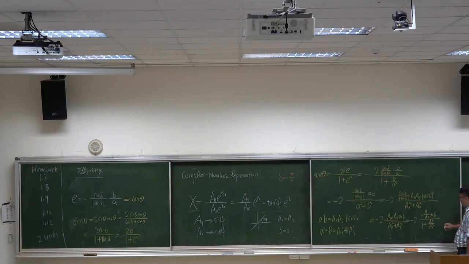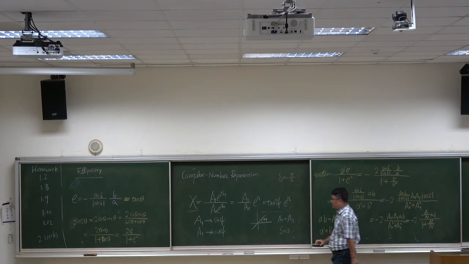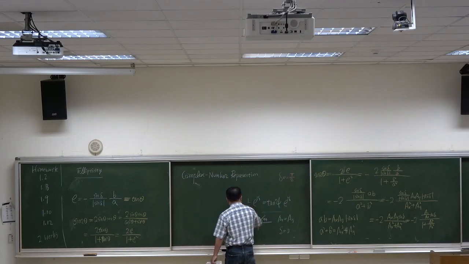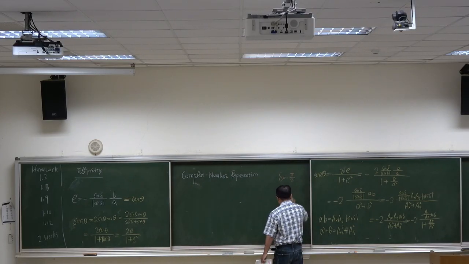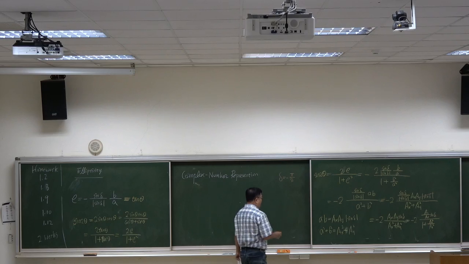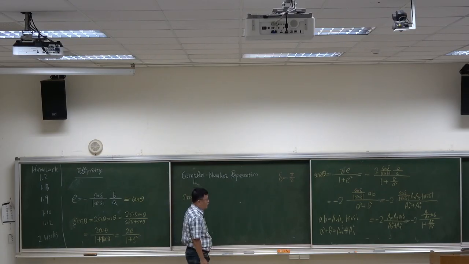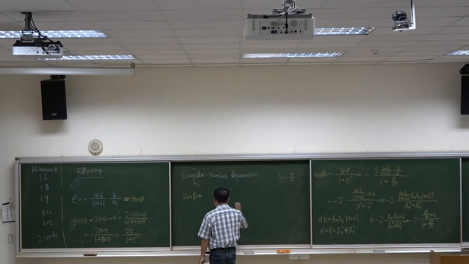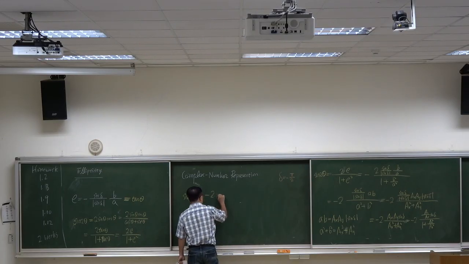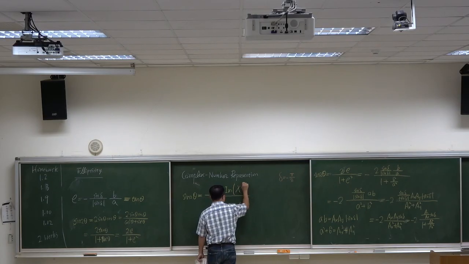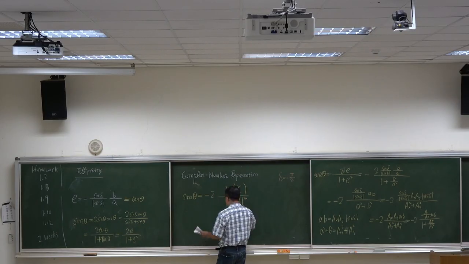And so finally we find that sine 2 theta is equal to minus 2 imaginary chi over 1 plus chi absolute squared.